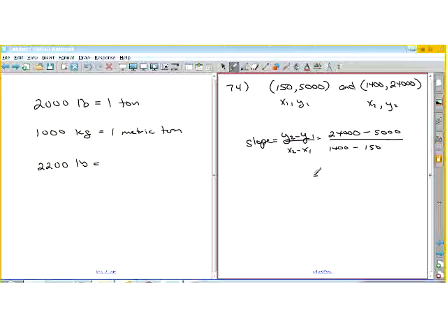So 24,000 minus 5,000 divided by 1,400 minus 150. You got to make sure you do the 1,400 minus the 150, and then you can divide the whole thing out. If you use your calculator wrong, you might mess up. So really, what we have here is 19,000, 24,000 minus 5,000, and then we have 1,250, 1,400 minus 150. And the answer was 15.2. So that's the slope.